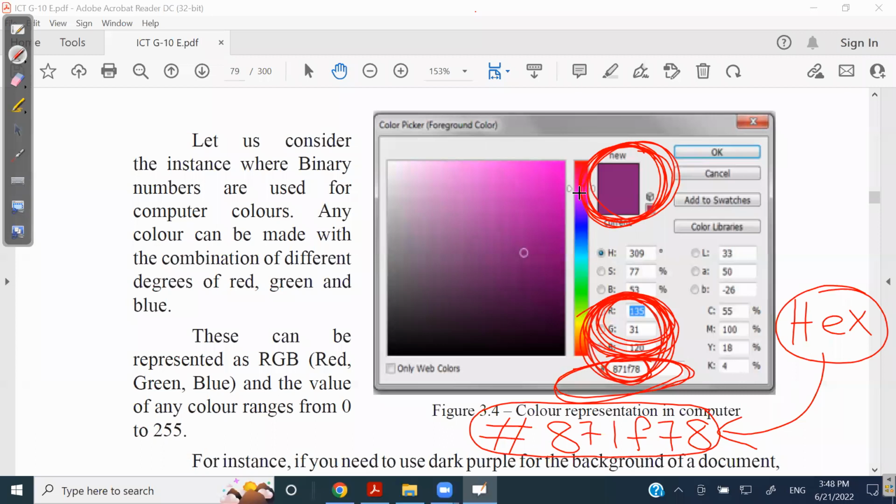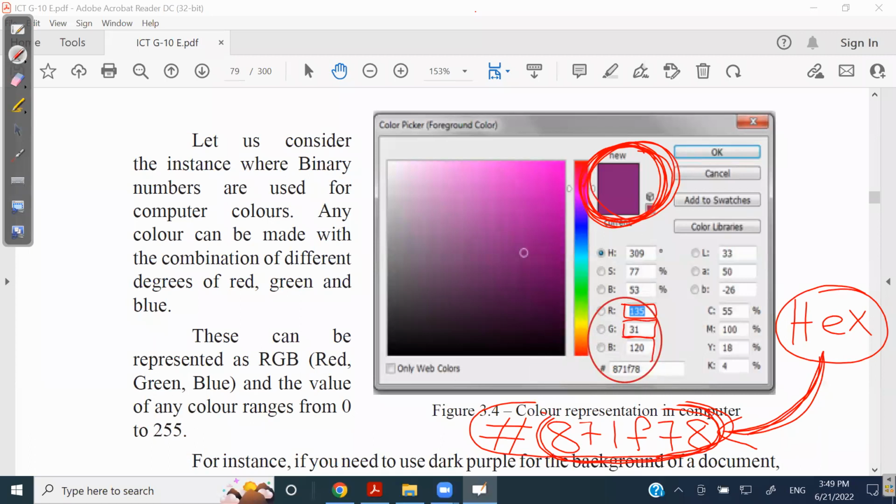Now, when it comes to this hex code, these values are represented as hexadecimal values, right? So the hexadecimal number system is involved. And the RGB values over here are represented as decimal values.